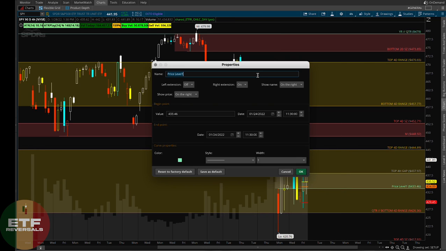The reason why we document these price levels is because we want to know exactly when we're going to enter that gap. We want to know the number.